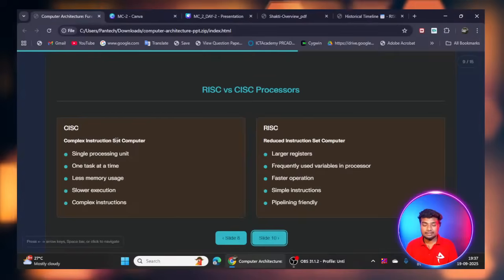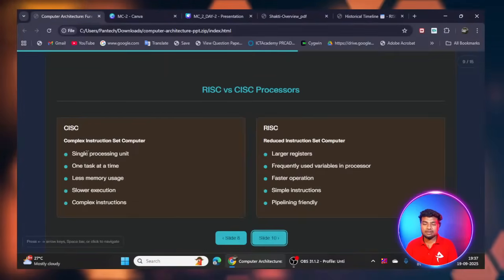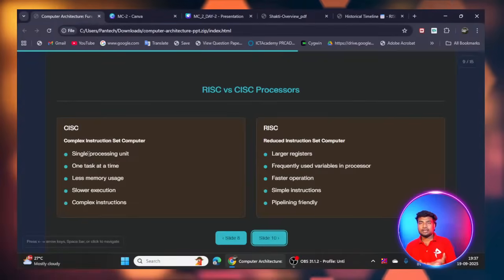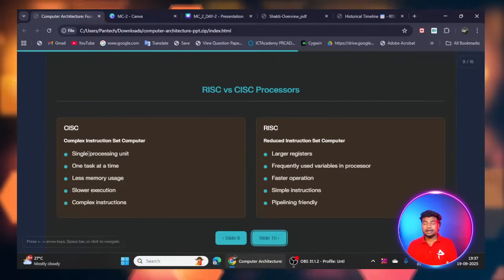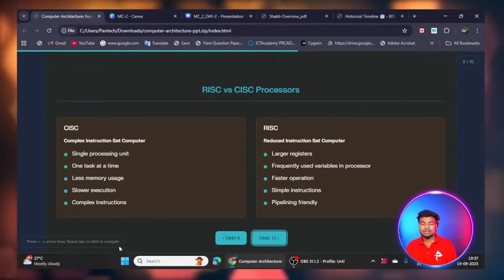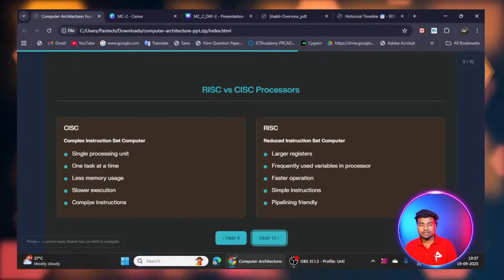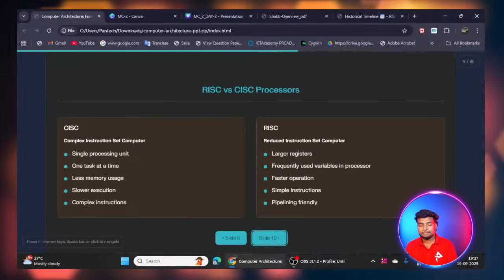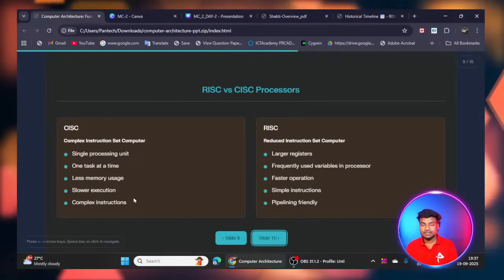It takes less memory usage and has slower execution in this CISC kind of architecture. If you are making a chip following the CISC kind of architecture, it will do only these things: single processing unit, one task at a time, less memory usage, slower execution, and complex instructions.